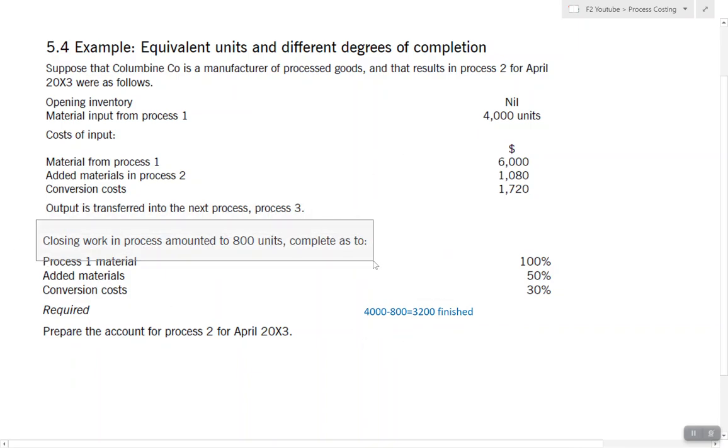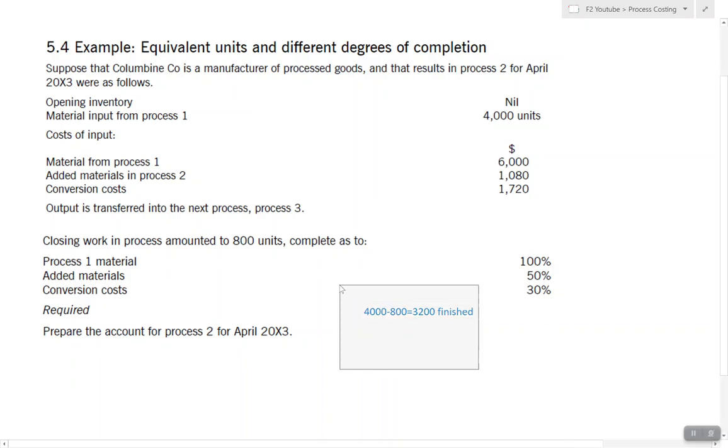Closing work in progress amount to 800, completed as to 100% for material 1 from process 1, because that cost was incurred in process 1, 50% for added material, which is material 2, and 30% for conversion cost.